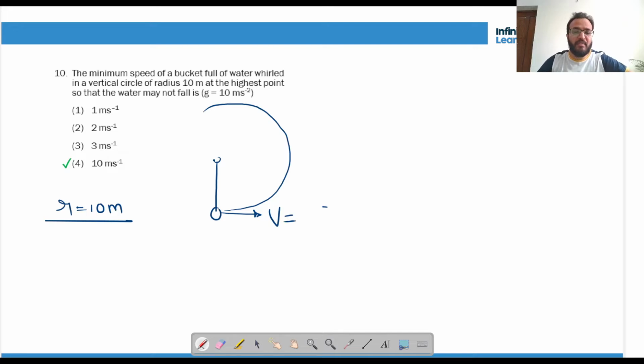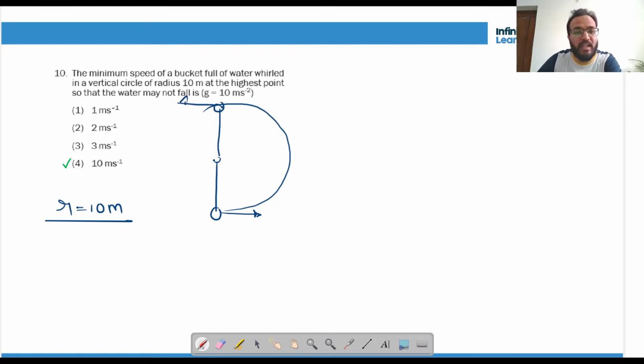For the minimum speed so that it can complete the vertical circle, it is root 5 gr. So 5 into 10 into 10. This is the minimum speed that is given at the bottommost point. They are asking the speed at the topmost point.